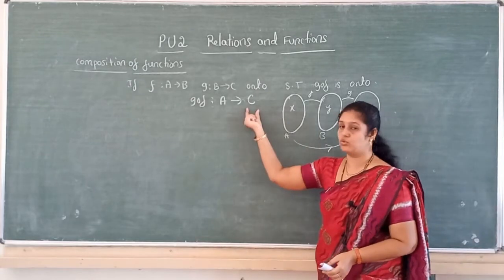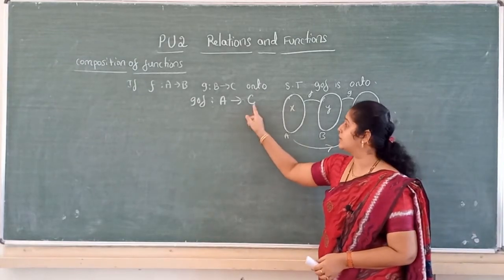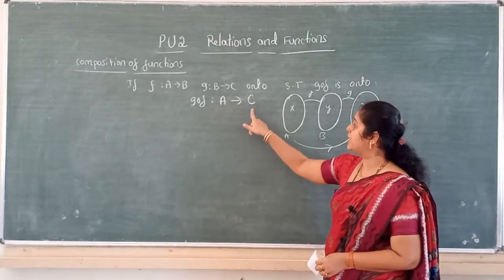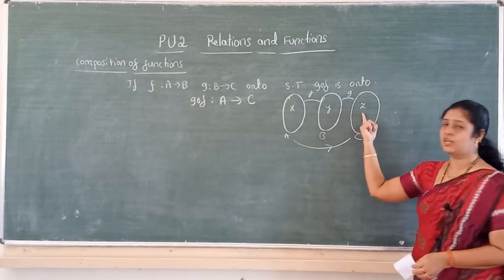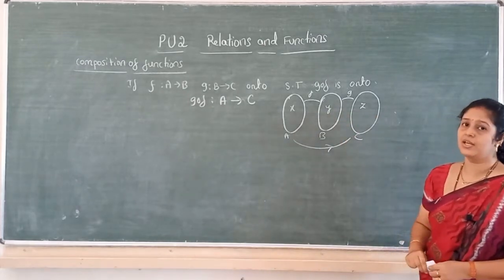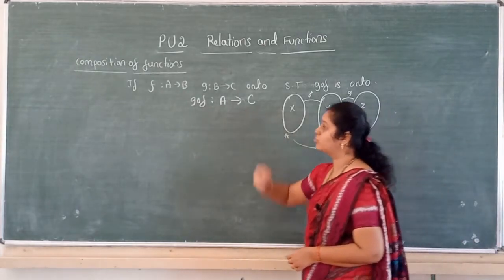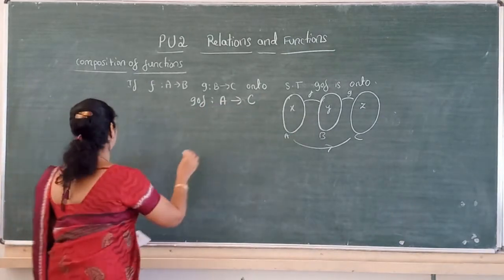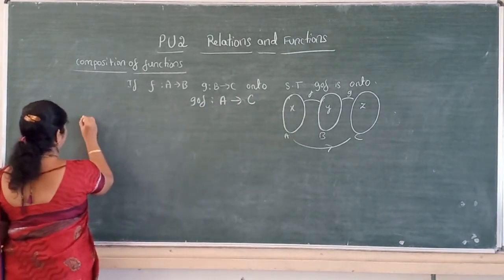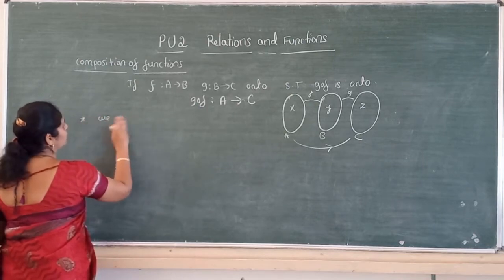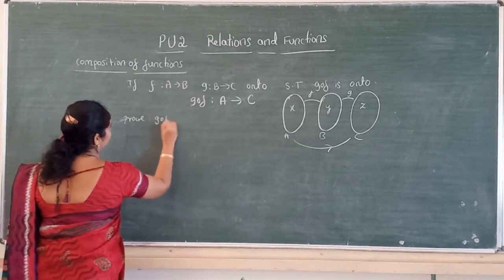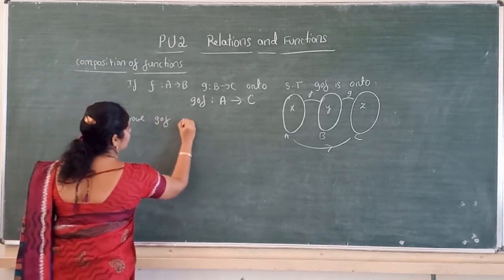Therefore, I have to take an element in the codomain set. Now I am taking z, so that I can take it for every z. How to prove that it is an onto function? We prove g of f is onto.